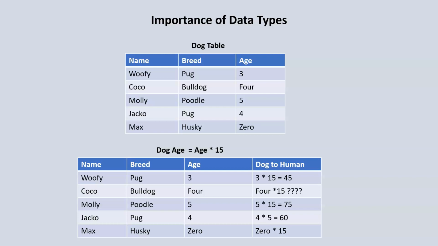With Coco, within the system now, it's not represented as an integer, so how would the system do that calculation? There's going to be a problem here. With Molly, we can go ahead and do the calculation, just 5 multiplied by 15, we get 75. With Jacko, we could do the same thing, but with Max, because the dog age is in characters, we can manually do the calculation, of course, but if we were to compute this using a system, then it's simply impossible.